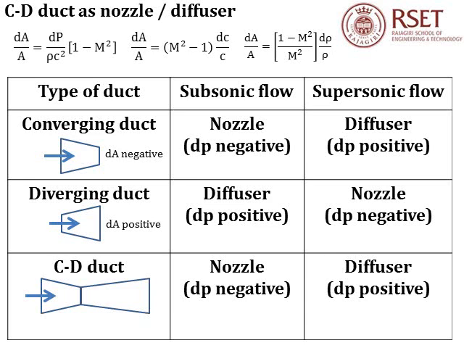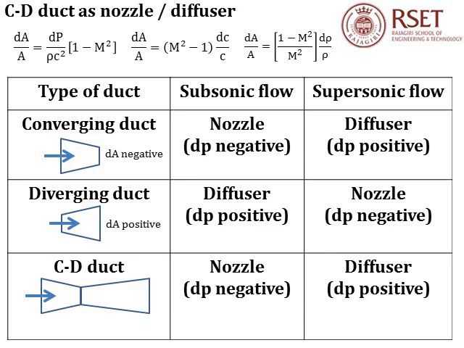After that, it enters into a diverging duct where it will act as a nozzle and further accelerate the flow from Mach number equal to 1 to supersonic flow regimes. Hence, a CD duct will act as a nozzle if we have inlet condition as subsonic and the throat condition equal to sonic conditions.